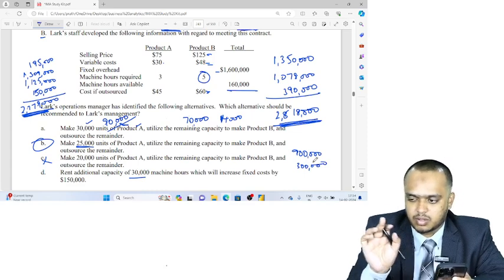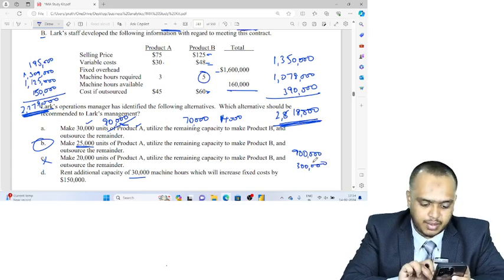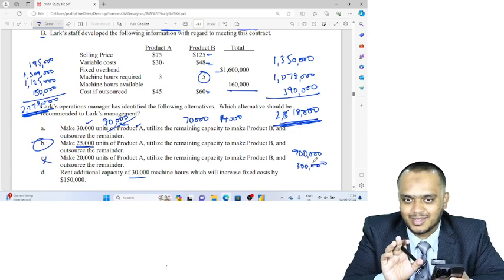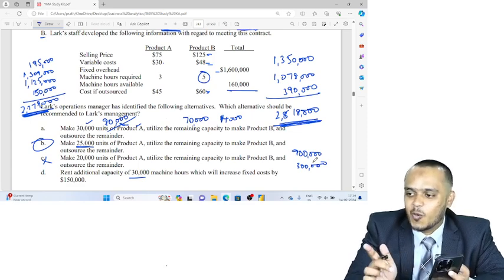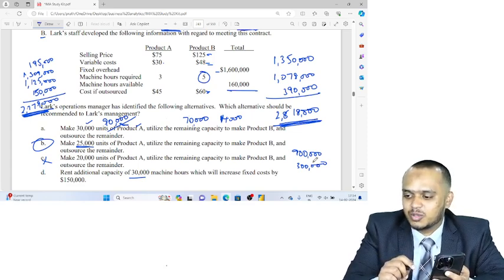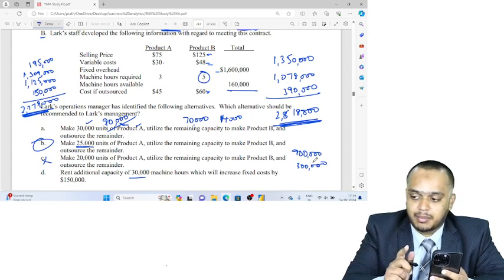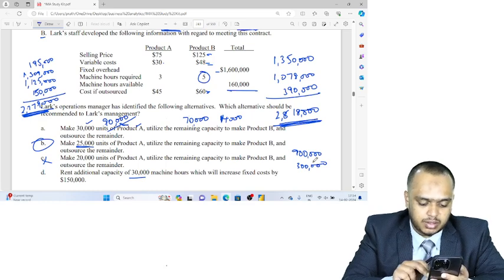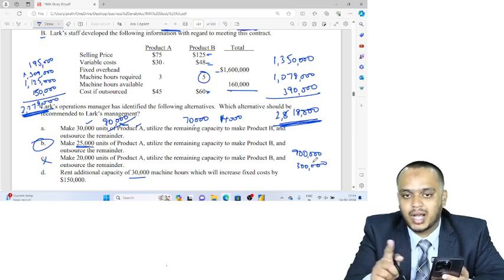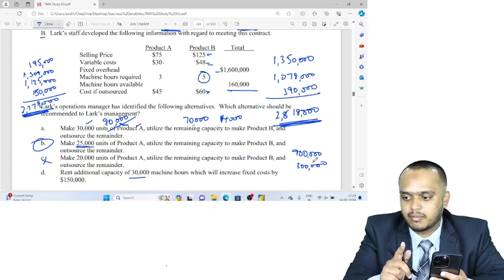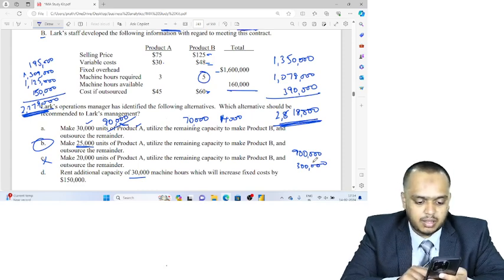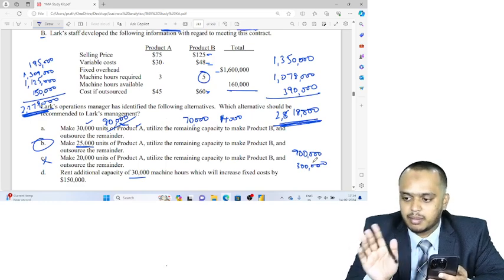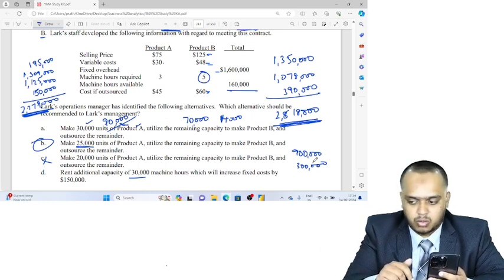Let me just cross check it once again. 75 minus 30 only. Now, next, what do I have to do? How many hours will I be remaining with product B? Let me just have a check. 20,000 into 3 is equal to 60,000. It equals to 100,000 hours I am having. So when I'm having 100,000 hours, I divide by 5.